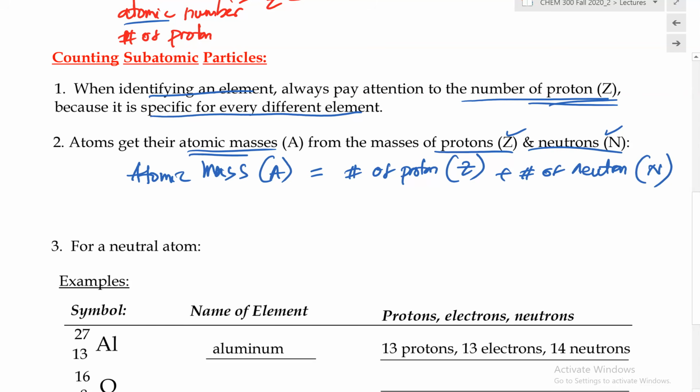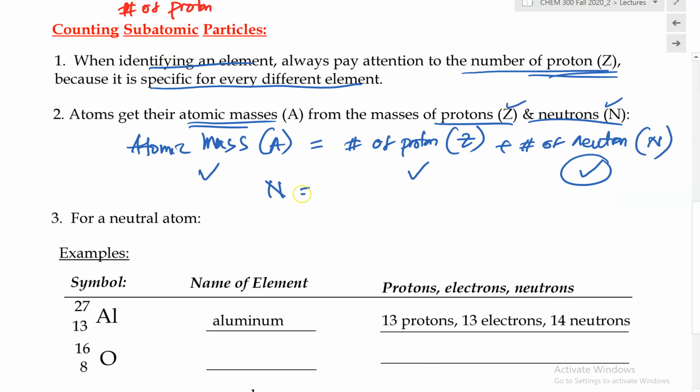If we first know the element, that tells us we know the number of protons already. And we also know the atomic mass, because that's something that we can look up on the periodic table. That will then allow us to figure out how many neutrons the atom would have. So that's how we can solve for the number of neutrons. Neutron N will then equal A minus Z.